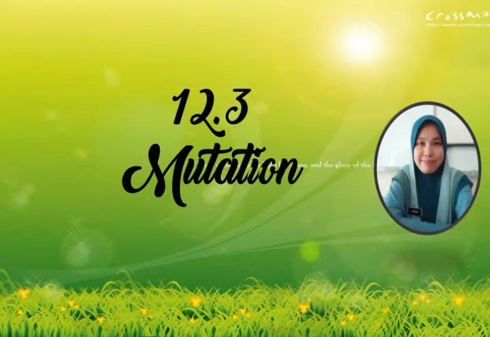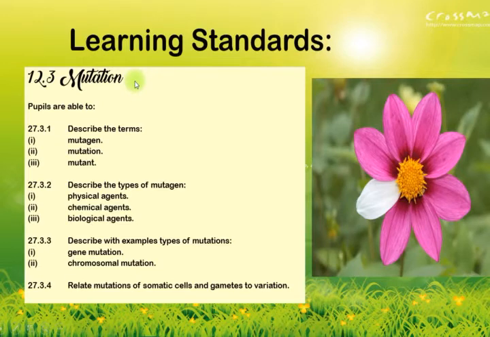Now let's go to the third subtopic in Chapter 12, Variation, which is 12.3, Mutation. These are the learning standards for mutation. You have to be able to describe the terms mutation and mutant.